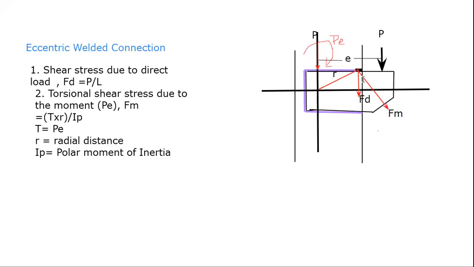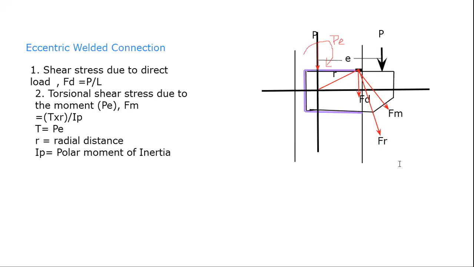So we are basically considering a welding element, and on this welding element two forces are acting. One is the direct force and one is the force due to the torsional moment, or the twisting moment I should say. Obviously there is going to be a resultant shear stress as a result of these two stresses. So the direction of my resultant shear stress is like this. We can symbolize it as FR.